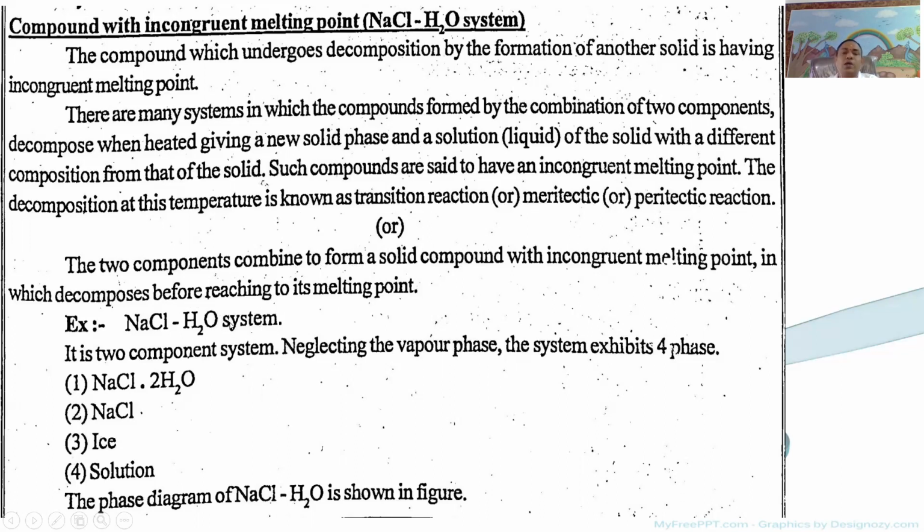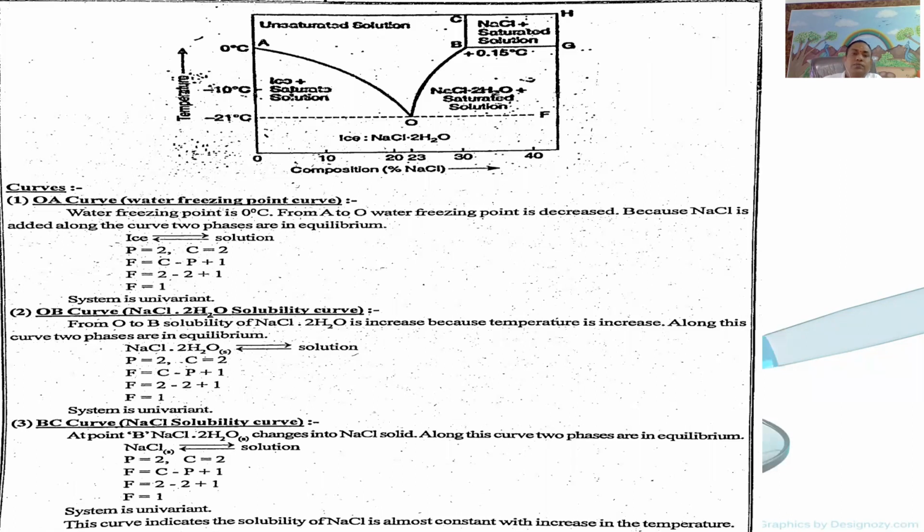It is also a two-component system. Neglecting the vapor phase, the system exhibits phases: sodium chloride water liquid phase, solid sodium chloride, solid water, then its saturated solution. The phase diagram of sodium chloride water shows the following.